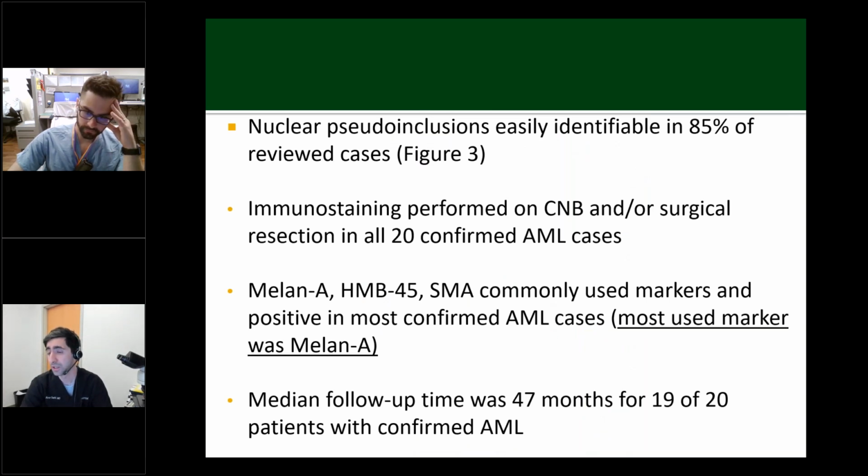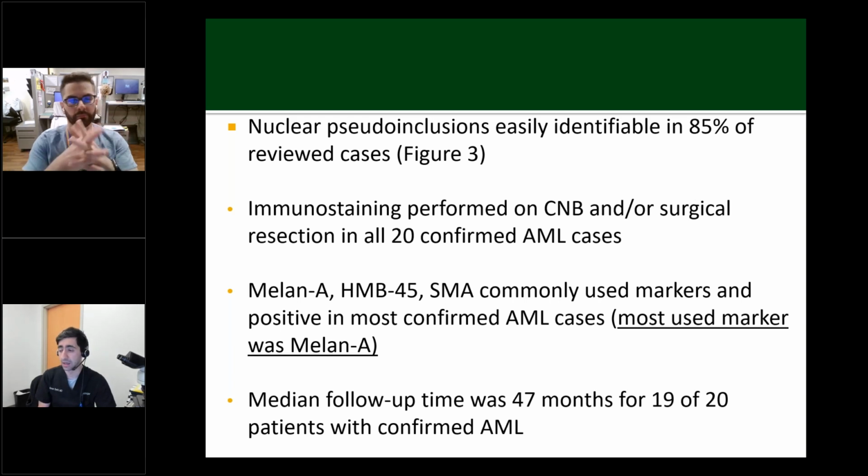Additionally, nuclear pseudo-inclusions were easily identifiable in 85% of the reviewed cases, adding to the diagnostic features of angiomyolipoma that we discussed. The immunostains performed on the core needle biopsies and/or surgical resection specimens demonstrated positive staining for markers such as melan A, HMB45, SMA, and desmin, which support the diagnosis of angiomyolipoma.